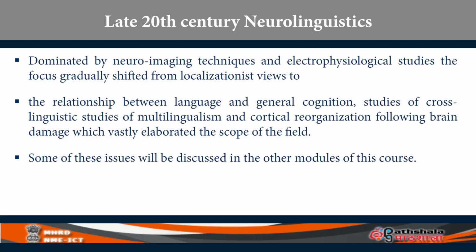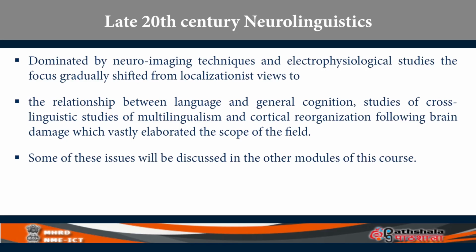What exactly is happening in the brain? With the help of neuroimaging techniques, you can monitor and see whether areas next to the damaged area are taking over the function. So reorganization of cortical functions could be studied.